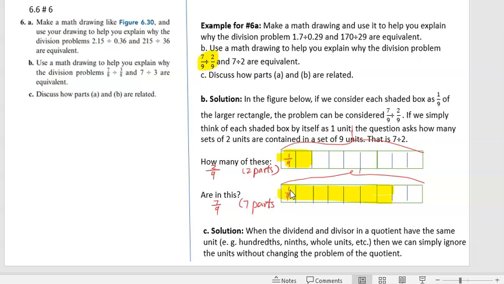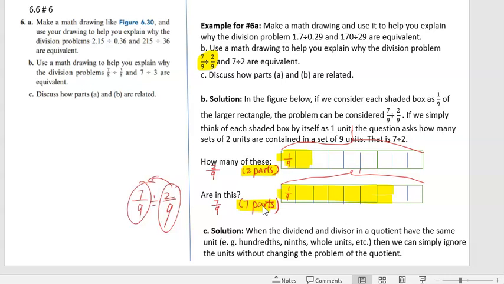So when we do division, 7/9 divided by 2/9, that's like asking 7/9 contains how many 2/9? Well, 2/9 goes into 7/9 how many times? But now if we look at the drawing, don't look at the fractions anymore. 7/9 means 7 parts, 2/9 means 2 parts. So it's like asking, 7 parts contain how many 2 parts?